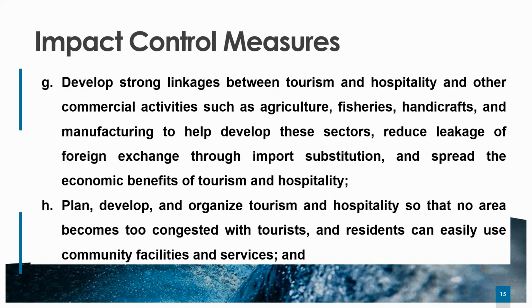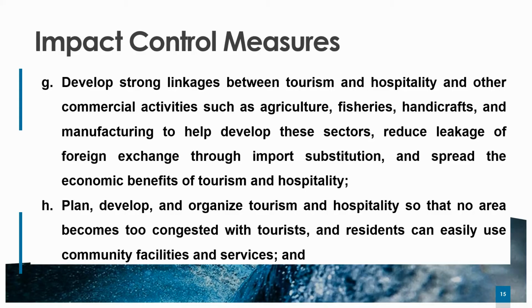Next is develop strong linkages between tourism and hospitality and other economic activities such as agriculture, fisheries, handicrafts, and manufacturing to help develop these sectors, reduce leakage of foreign exchange through import substitution, and spread the economic benefits of tourism and hospitality.